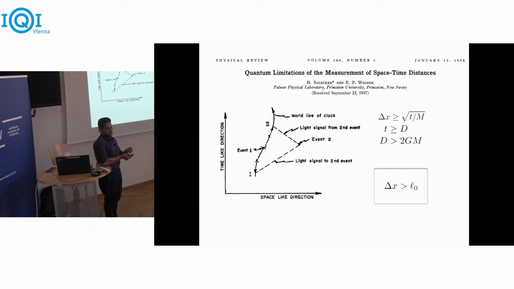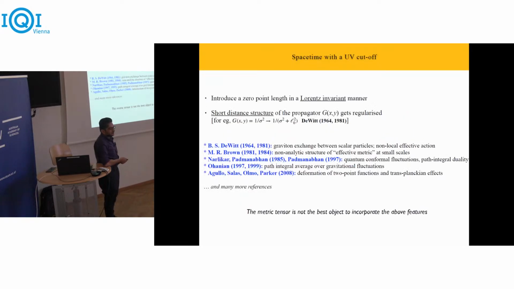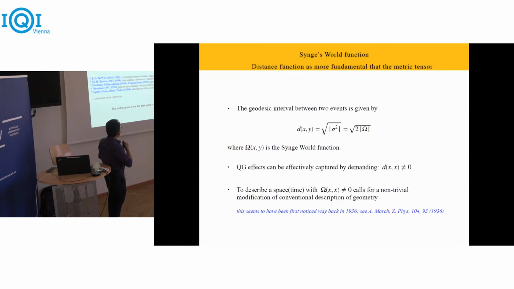That is, if you want to assign precise location to events in space time using clocks, there are fundamental constraints that come from general relativity and quantum mechanics combined, and that bound is essentially set by the Planck scale. Again, more references.